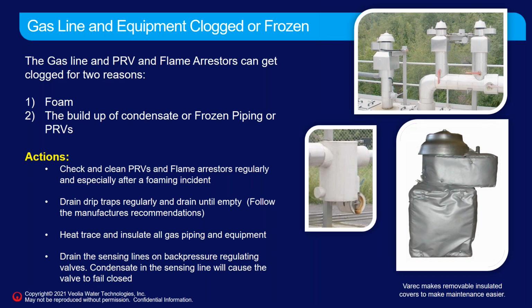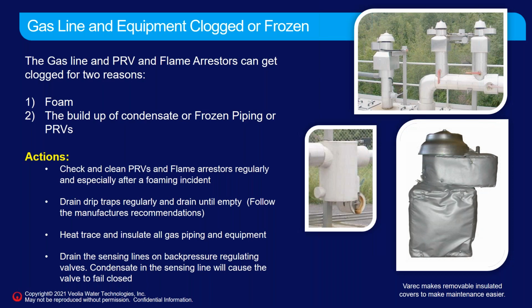So first off, if your system is not heat traced and insulated like these pictures show, we highly recommend you do that. Again, follow the recommendations of the PRV and flame arrestor manufacturers and regularly inspect and clean these, especially after an incident like foaming.